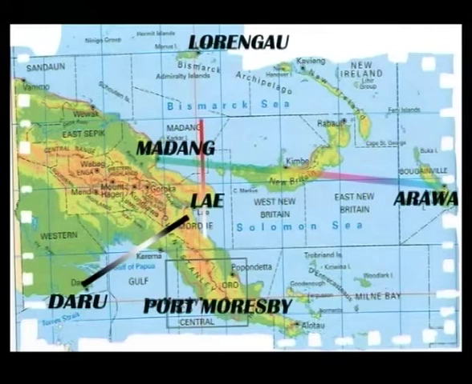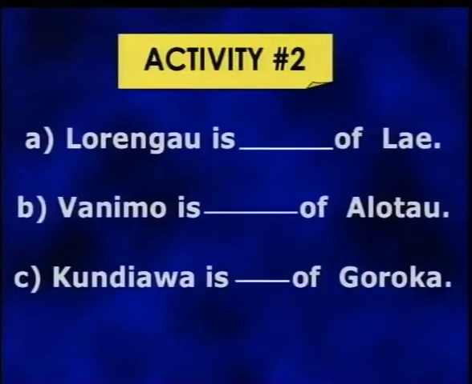Okay, activity 2. Copy it down, please. So you have activity 1, you've just copied that one down.